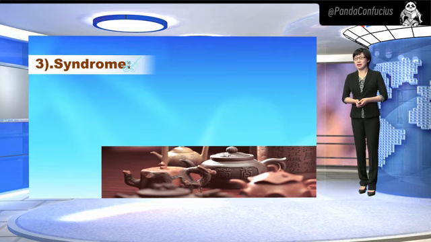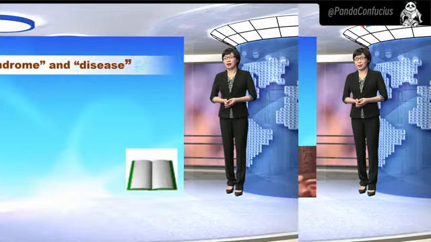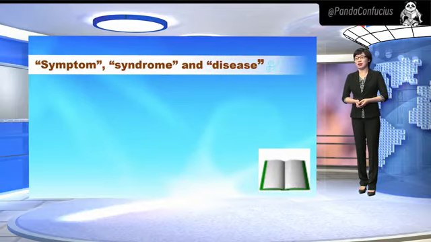Syndrome is a pathological summary in a given stage of a disease in its course of progress. A syndrome reflects the whole situation of pathological changes in a special state of a disease. A syndrome refers to a collection of medical symptoms at a certain stage in the course of a disease.